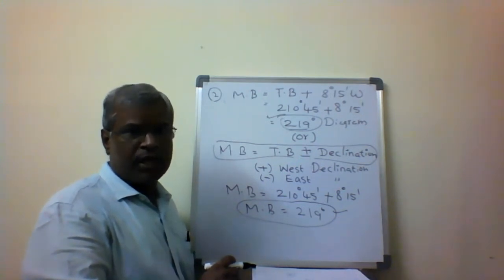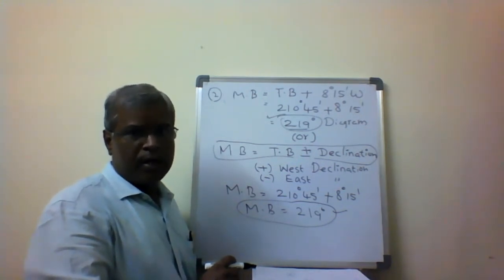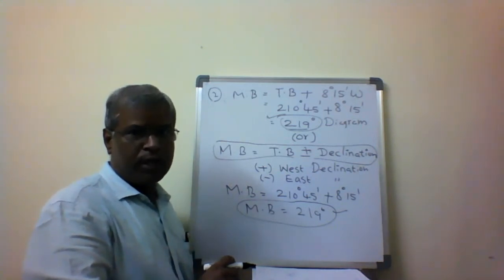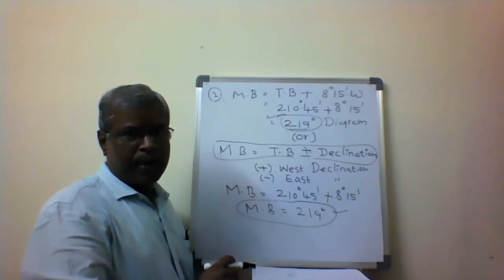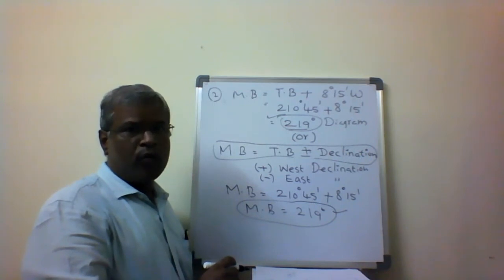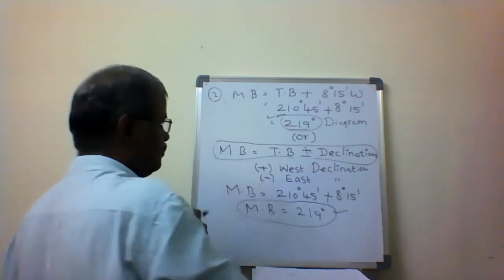If you draw it perfectly, then we can calculate the magnetic bearing or the true bearing, whatever bearing is required, based on the declination. So this is the second method to calculate the magnetic bearing. First is how we calculate the true bearing.